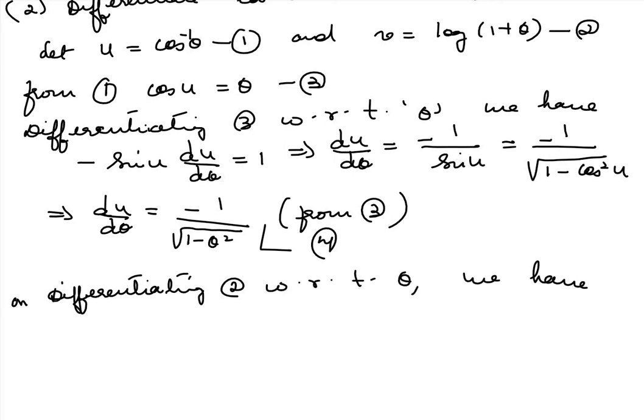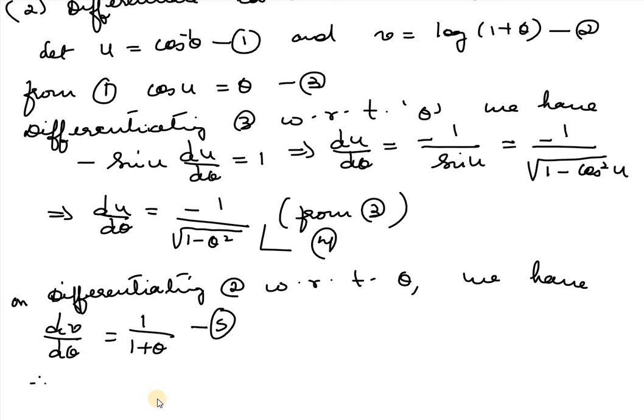We have dv d theta. The differentiation of log of 1 plus theta will be 1 by 1 plus theta into the differentiation of 1 plus theta inside the log function. The differentiation of 1 will be 0, the differentiation of theta will be 1. So you get just 1 upon 1 plus theta. Name this as equation 5.